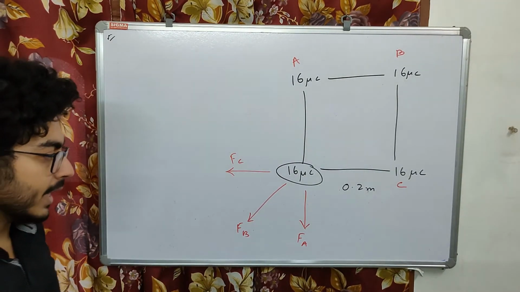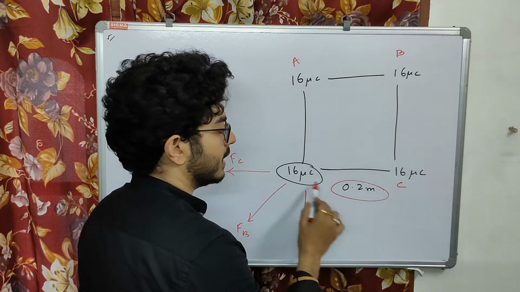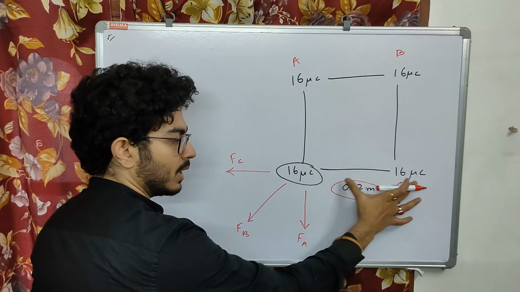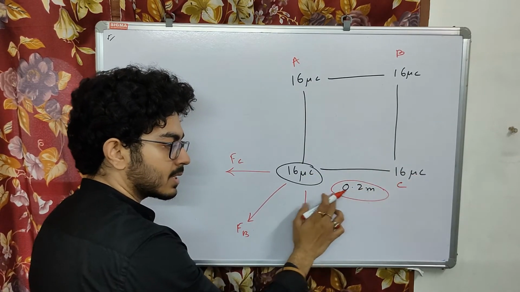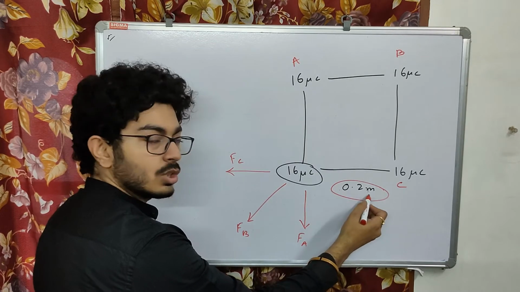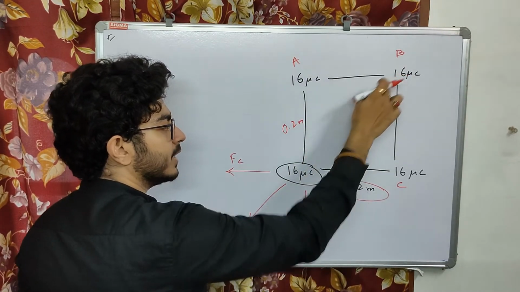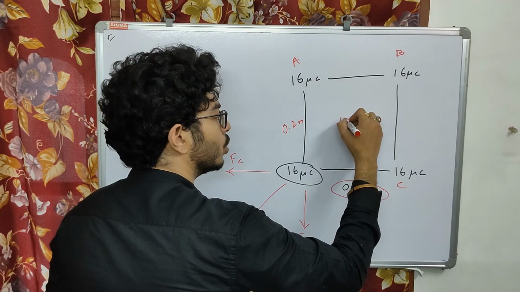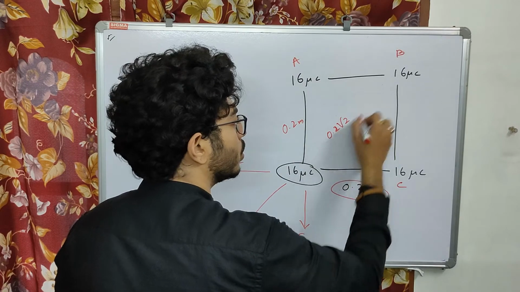Now you have to understand the distance. This will be the electrostatic force of these two charges, and the distance between them is 0.2 meter. Here it is also 0.2 meter. So what will be this distance? This will be root 2 into 0.2, root 2 times 0.2.